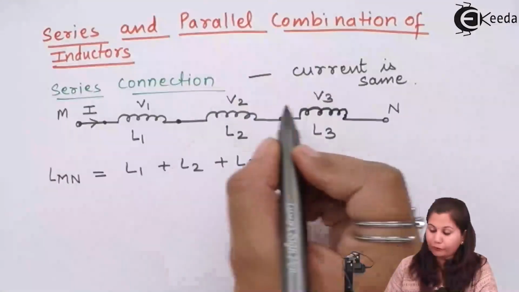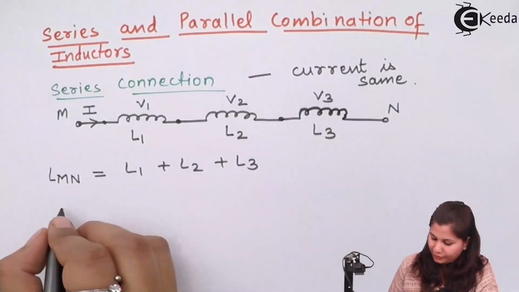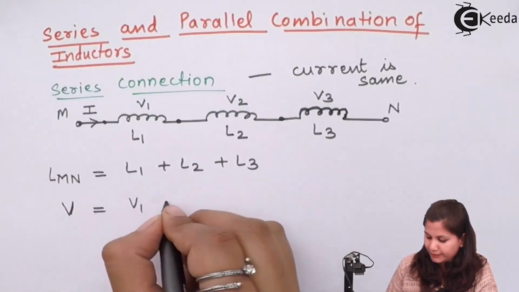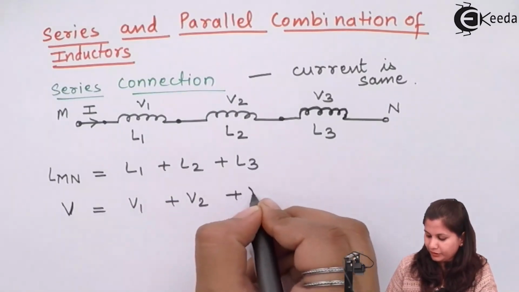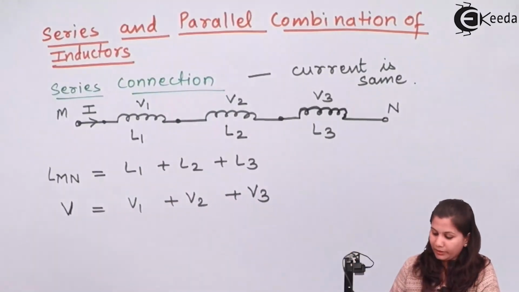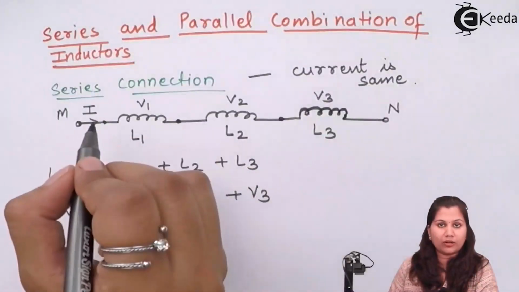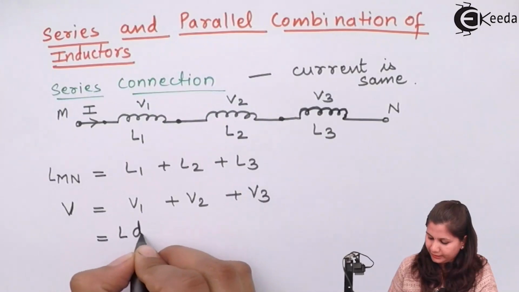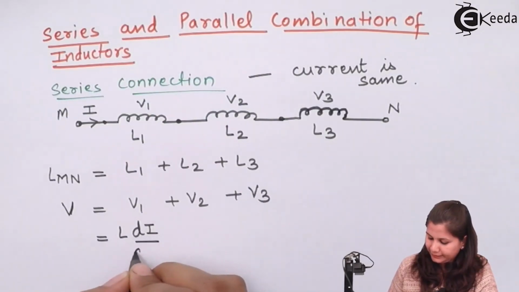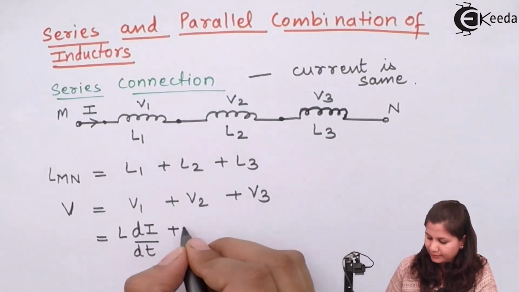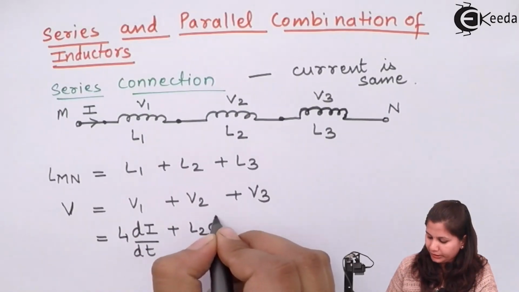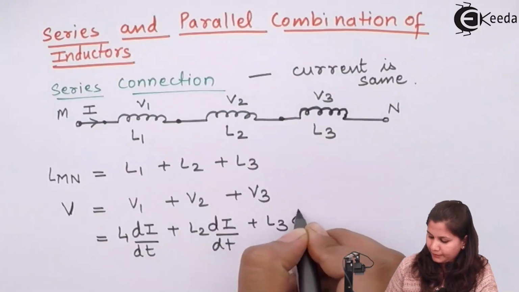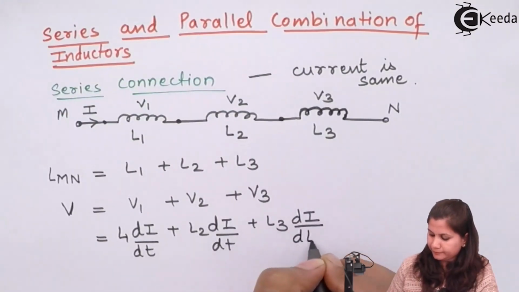So the total voltage V is V1 plus V2 plus V3. Now, if we define the voltage across each inductor, then V is L1 di by dt plus L2 di by dt plus L3 di by dt.